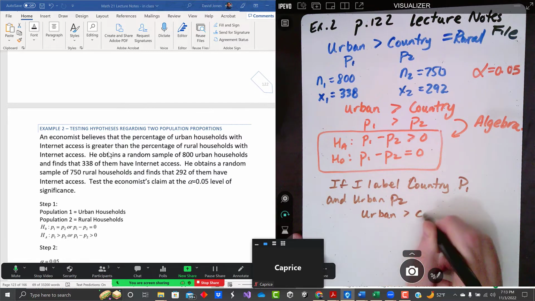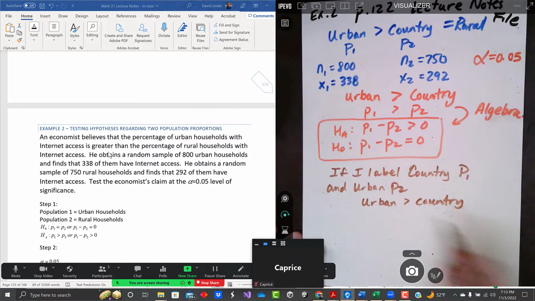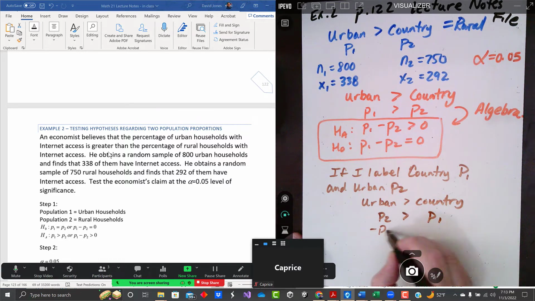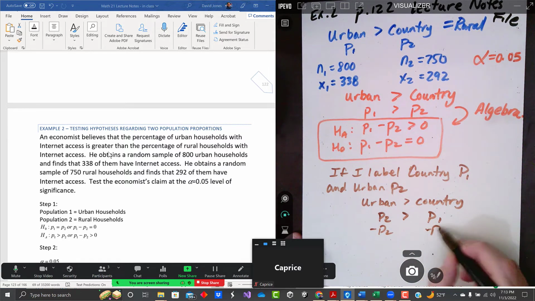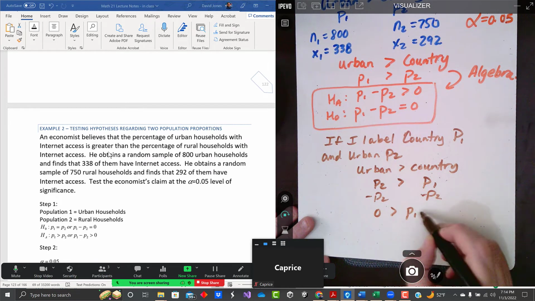That hasn't changed. But now this is P2 and this is P1, and I want it to say P1 minus P2. So I need to move the P2 over here, and I'll have 0 is less than P1 minus P2.